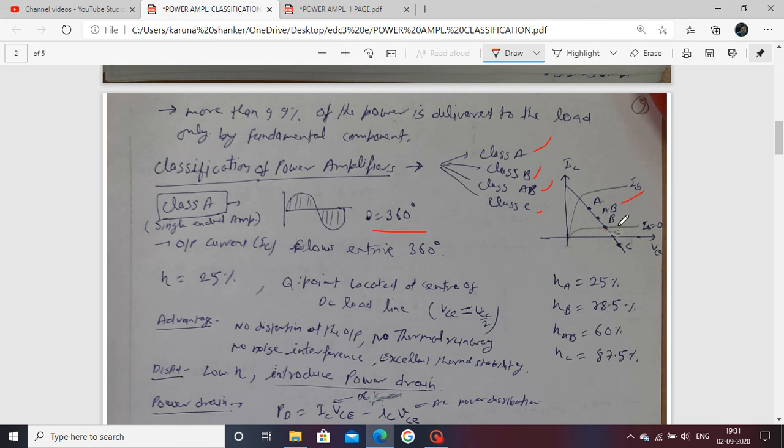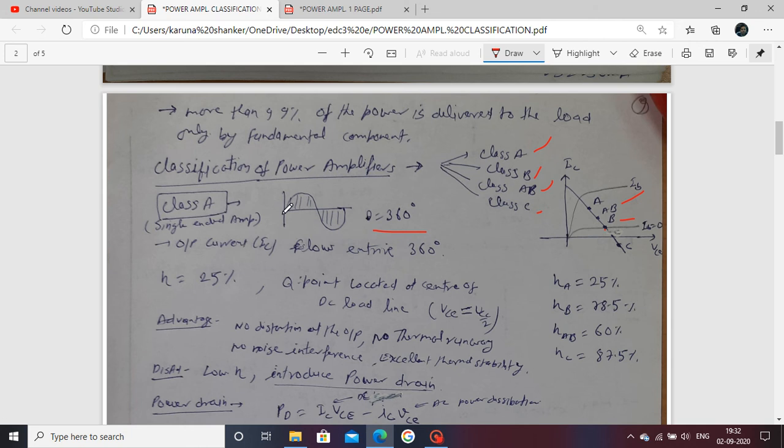At cutoff is class B, and below the cutoff is class C. So the Q point is in the middle of the load line for class A, below the middle for class AB, at the cutoff point for class B, and below cutoff for class C. Q is the quiescent point. When the quiescent point changes, we do not get proper amplification.